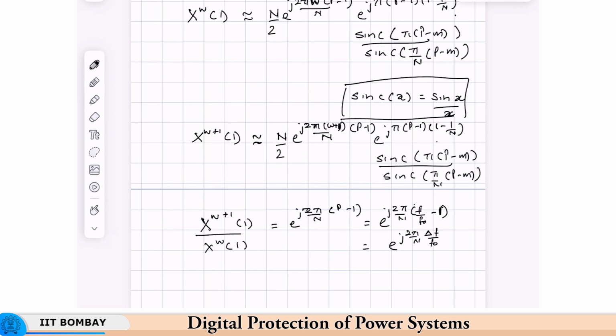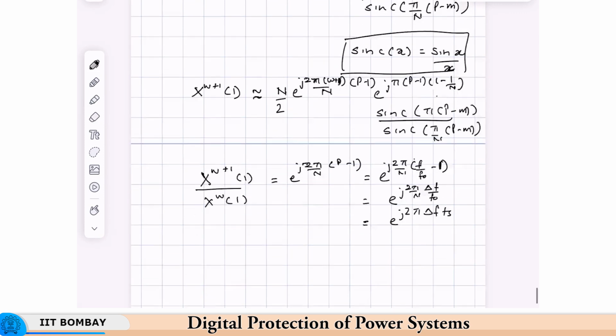Now 1 upon f naught is t naught, and t naught by n is the sampling interval ts. So we have e raised to j 2 pi delta f ts.